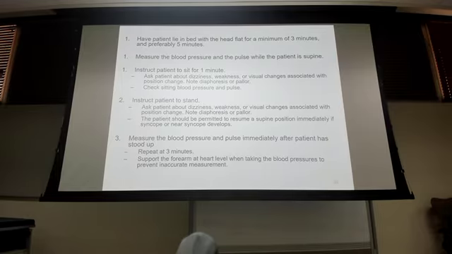Here's the steps. Look over them for orthostatic hypotension, very specific sequence, right?